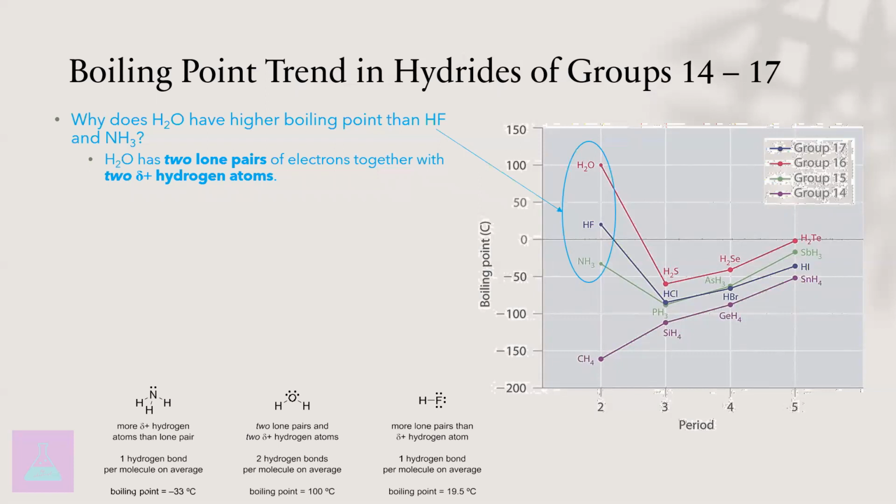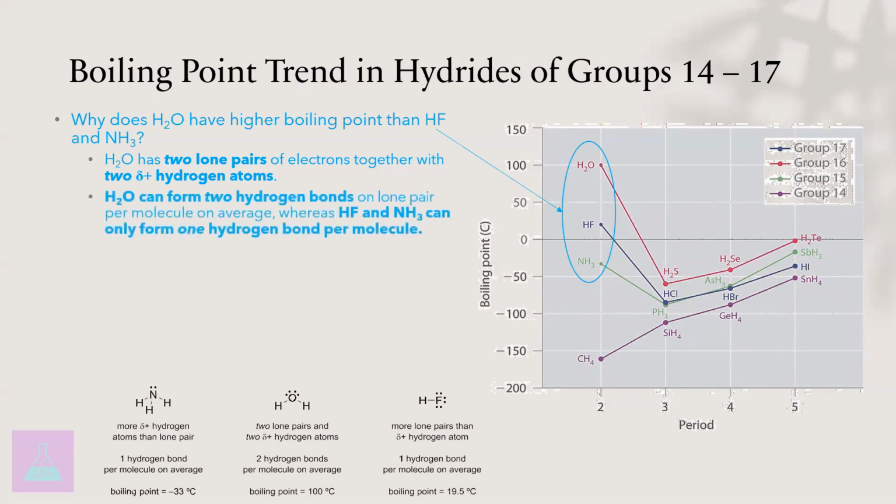And that's crucial for intermolecular hydrogen bonding to form. So as a result, in the case of water, you can form two hydrogen bonds per molecule on average. But comparatively, you can only form about one hydrogen bond in hydrogen fluoride and ammonia.